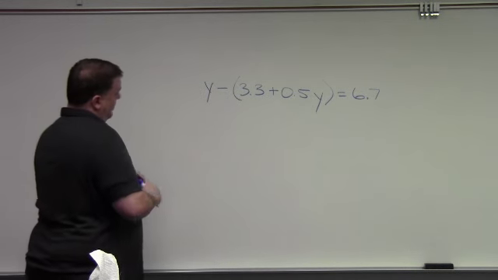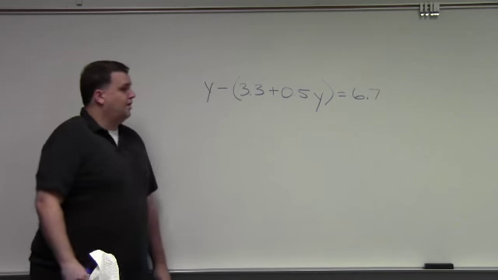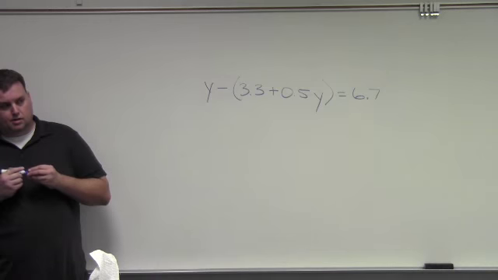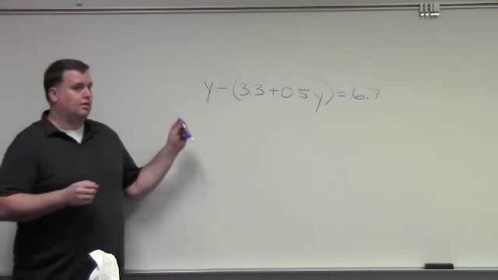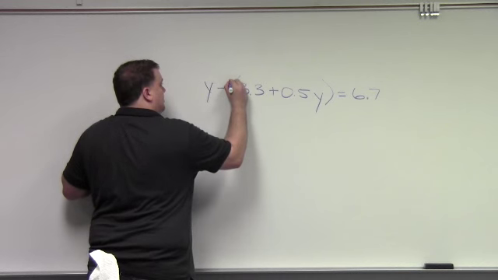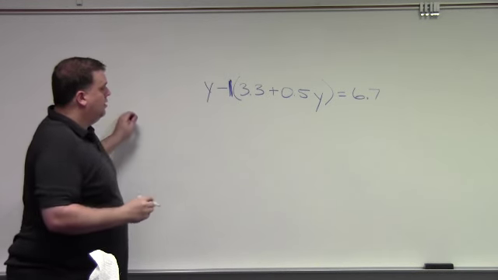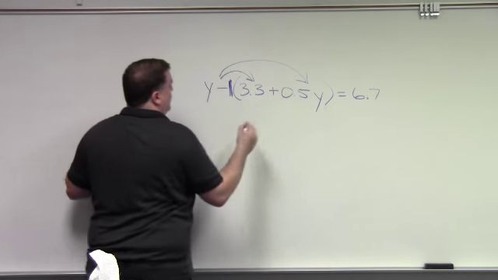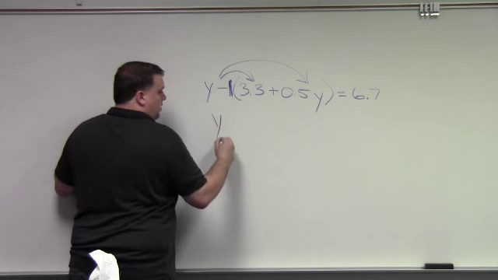This one we have parentheses. What do we have to multiply through that parentheses? Negative 1. If you have a negative sign in front of parentheses, that's like assuming we have a negative 1 there. So we're going to take a negative 1 times both pieces. So I still have that y.